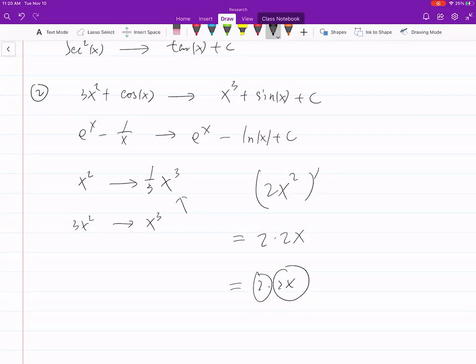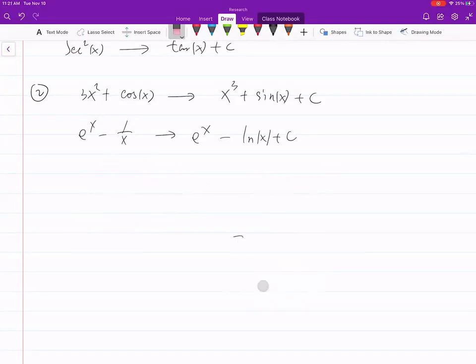Let's try some examples. Okay. What's the antiderivative of x squared? Well, it's coming from x cubed. But if I take the derivative, I have this. I want x squared, so let's take a 1/3. Okay.